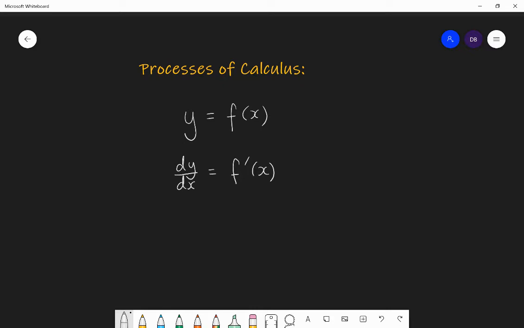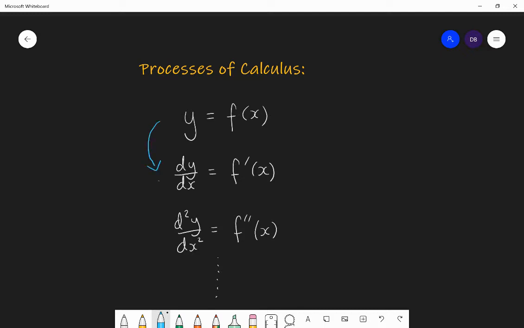If you differentiate again, that becomes d squared y by dx squared, which is the rate of change of the curve, in effect the rate of change of the gradient of the curve, and that would be f double dashed x. That would be the second derivative, and we could keep going ad infinitum. We could continue that process forever.